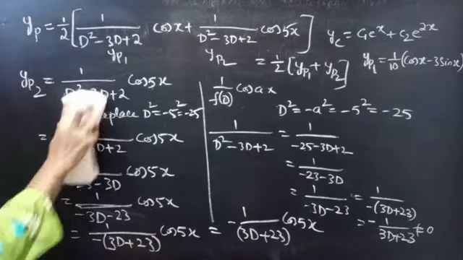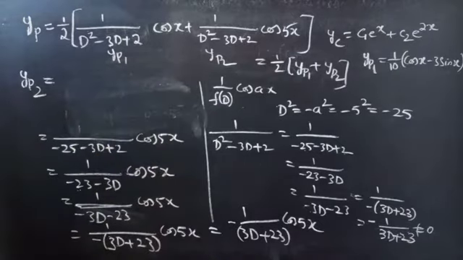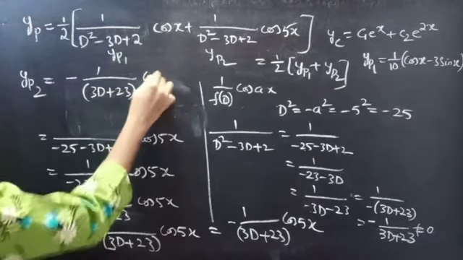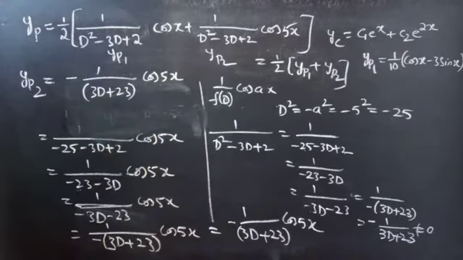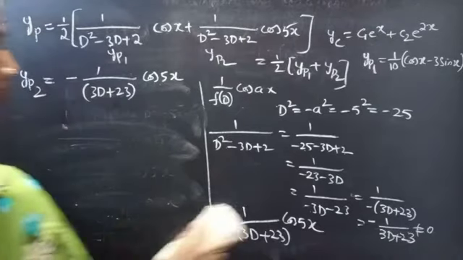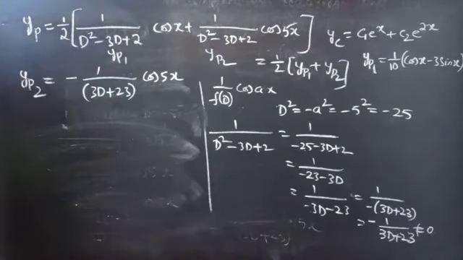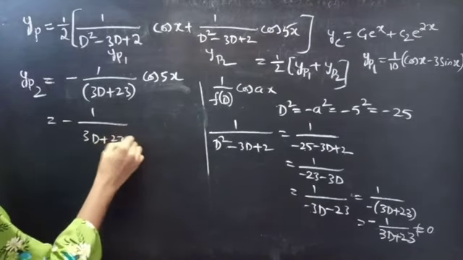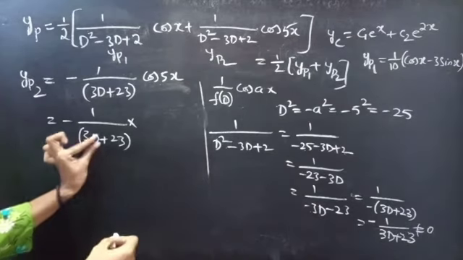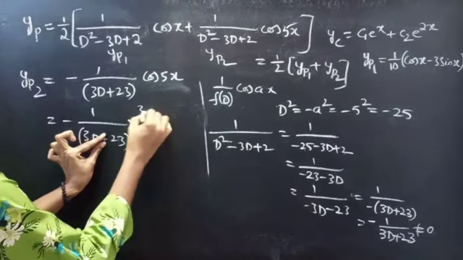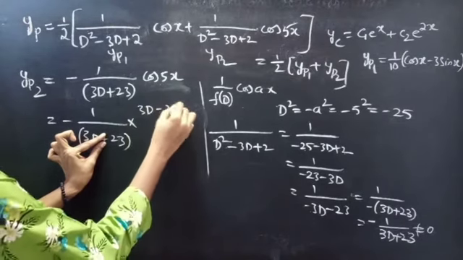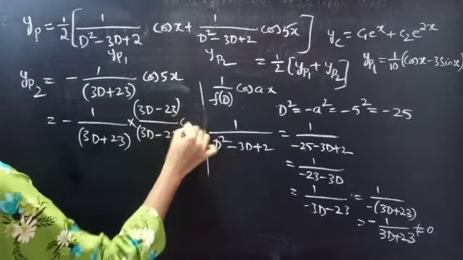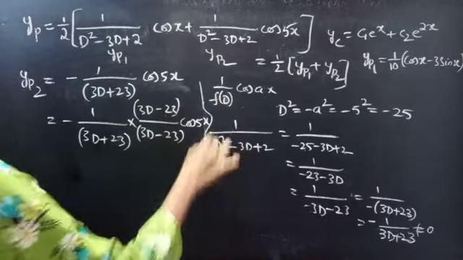Now we are having yp2 equals to minus 1 by 3d plus 23 into cos 5x. Now we are having 3d plus 23 in the denominator, so what we'll do, we'll just change this plus sign to minus and multiply and divide with 3d minus 23 into cos 5x, right?